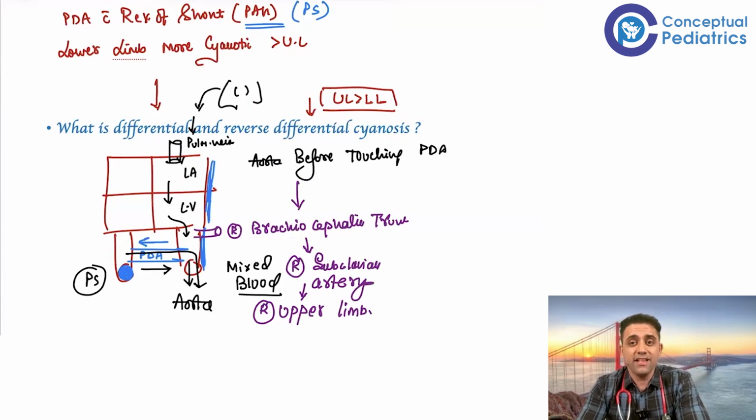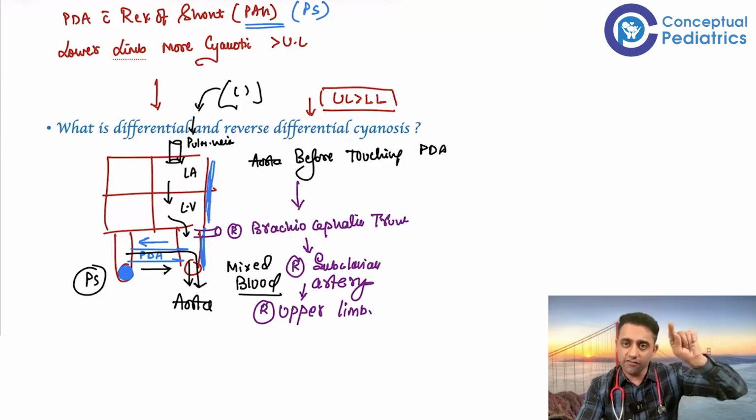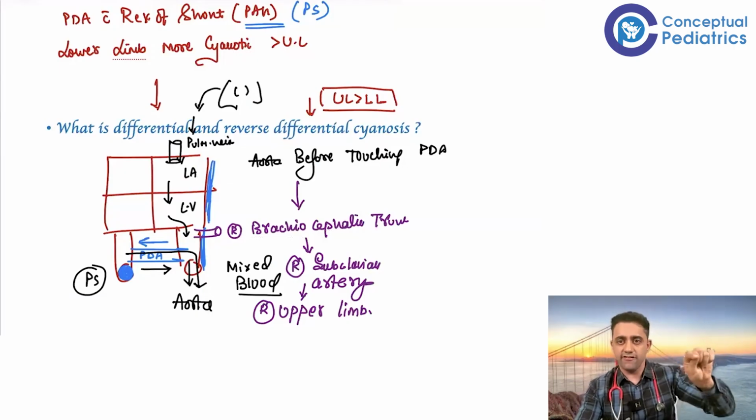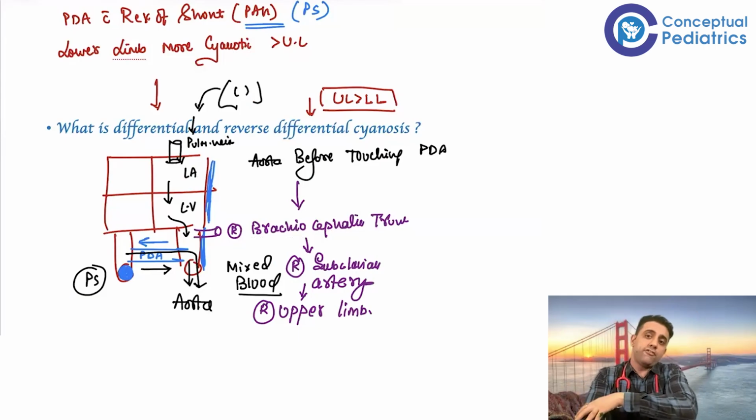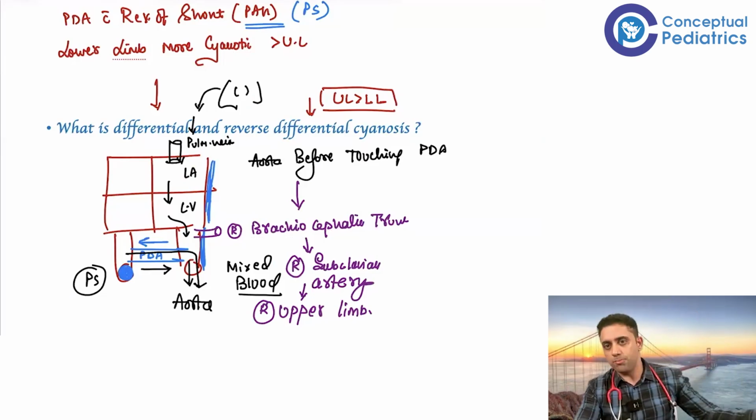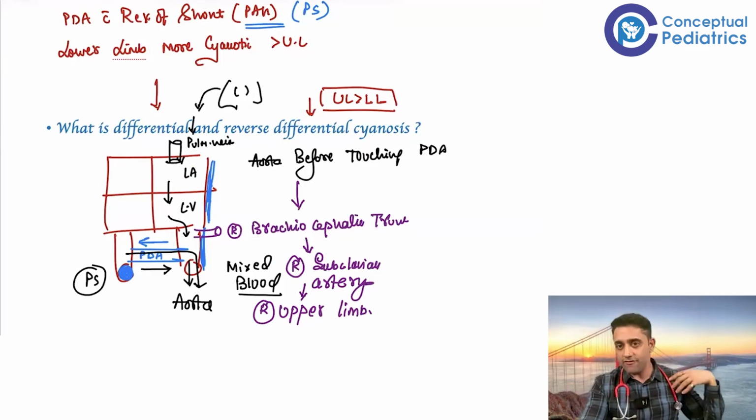So can I say the right upper limb has the most fresh and most oxygenated blood? Yes or no? Because naturally there is no PDA mixing here. The aorta goes from the left atrium to left ventricle to aorta. Aorta gives a branch to the right brachiocephalic trunk, then right subclavian artery, and it supplies the right upper limb, followed by the left upper limb.